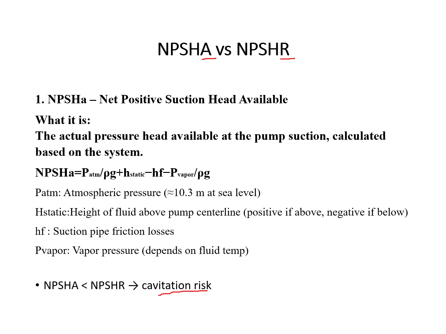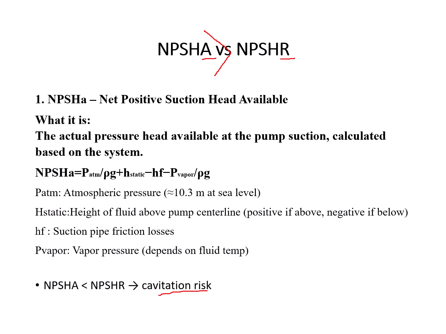And again, the net positive suction head available is always calculated by the design engineer who is designing the system, and the net positive suction head required is always provided by the manufacturer of the pump. To have a safe operation and no cavitation, always have the net positive suction head available bigger than the net positive suction head required.